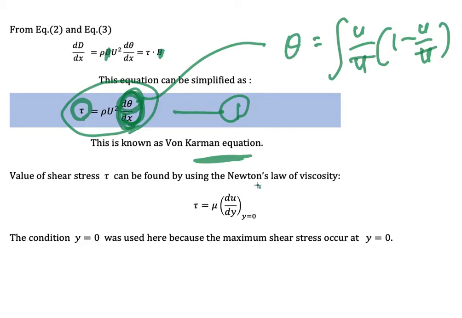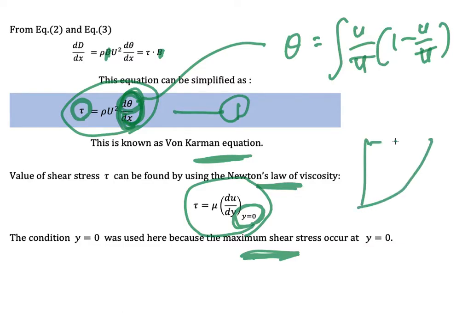The most suitable equation is from Newton's law of viscosity, so we use tau is equal to mu du/dy at y equal to 0. Why do we need the condition y equal to 0? Because the maximum shear stress occurs at y equal to 0. That's the first one, and the second one is the velocity distribution.